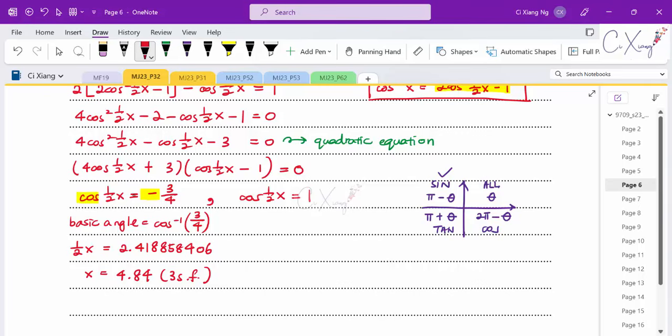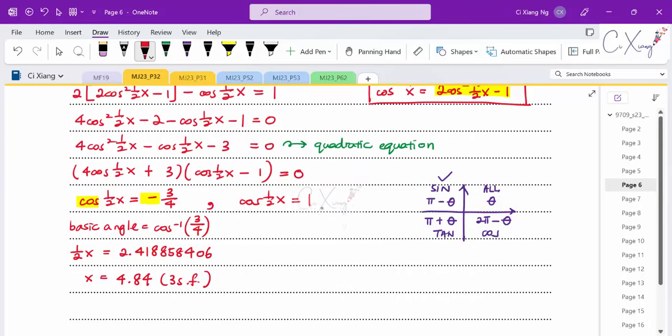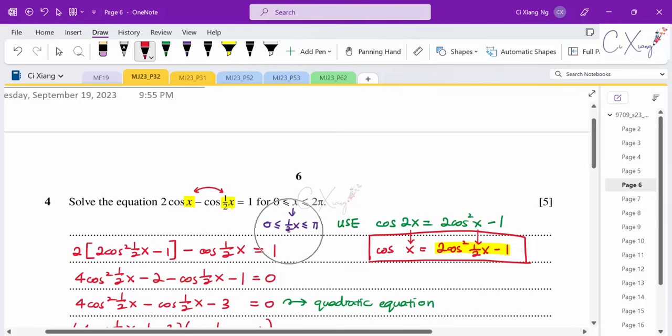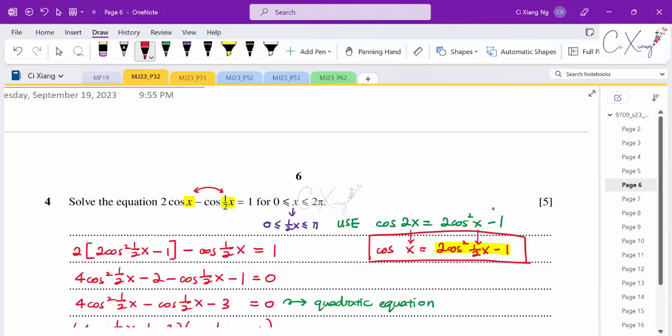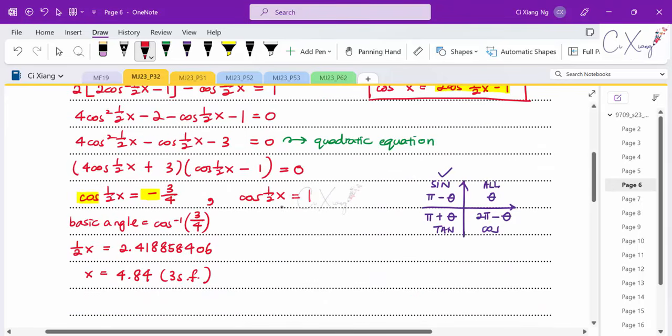Okay, so this is the first part of my equation here. And now continue to the second part of the equation. So for the second part, I'm having cos half x equals to 1. Again, to get the value for half x, it is bounded within 0 until pi. Okay, so how can I get the value for cos half x equals to 1? So the 1 here is a special value.